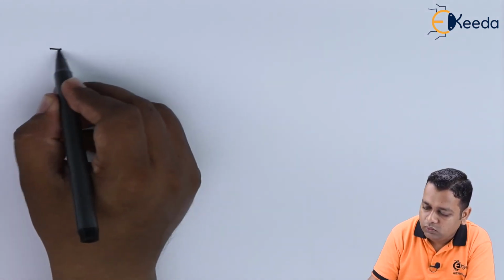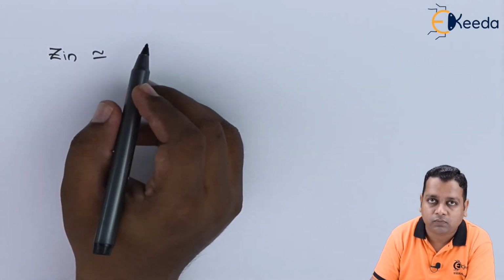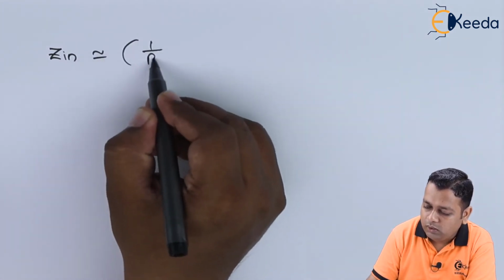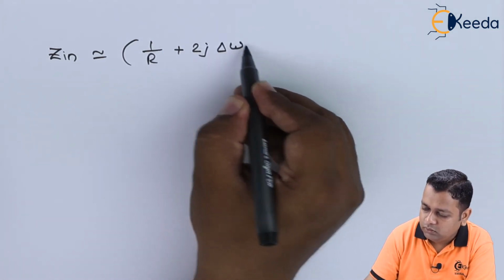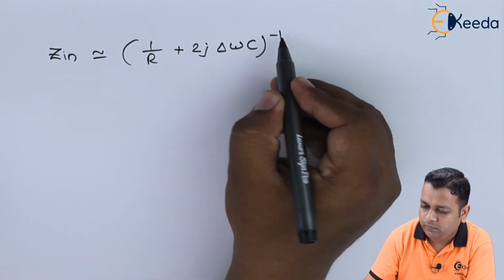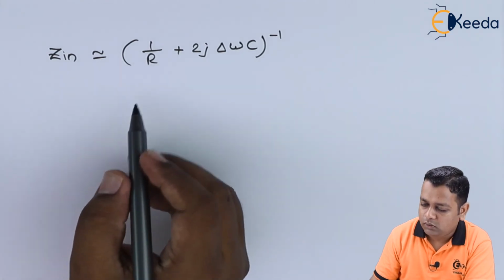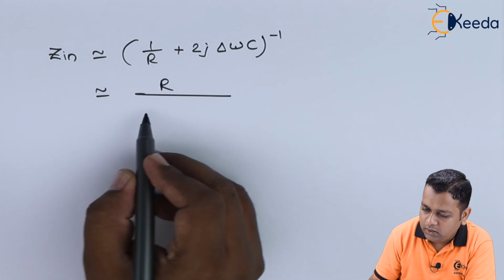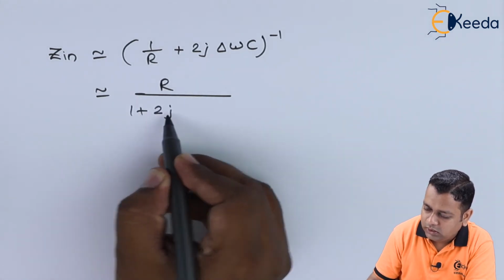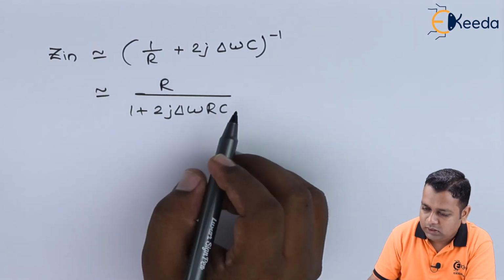We can simplify this step further with more approximations. So Zin is equal to 1 by R added to twice J multiplied by delta omega capital C, and here it is inverse. Finally, we can approximate it to the form R divided by 1 plus twice J times delta omega multiplied by RC.